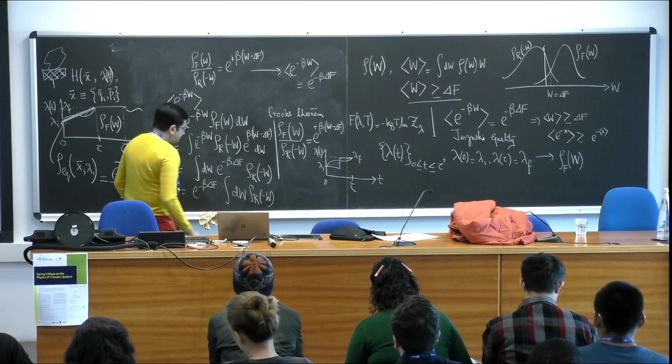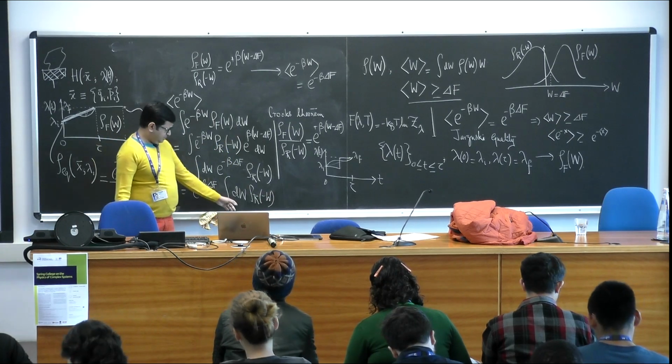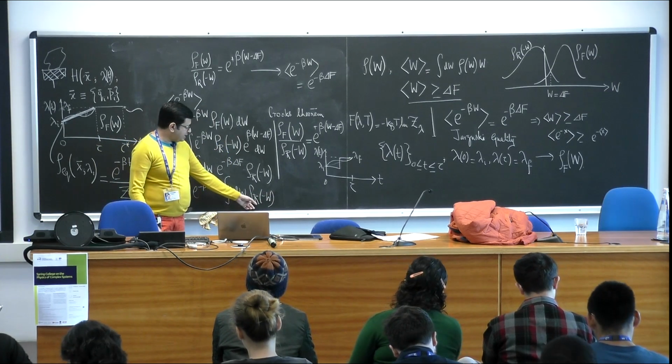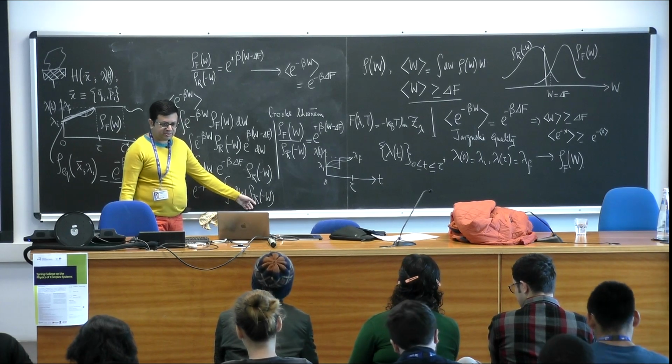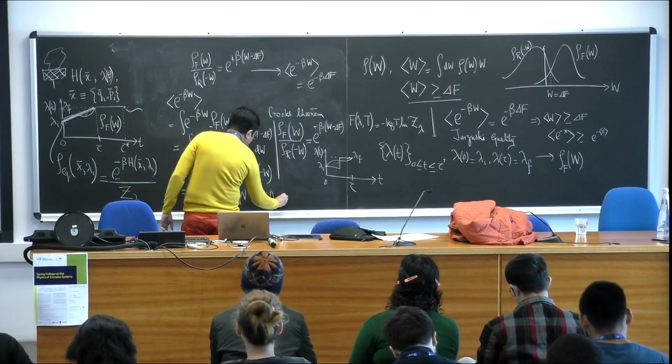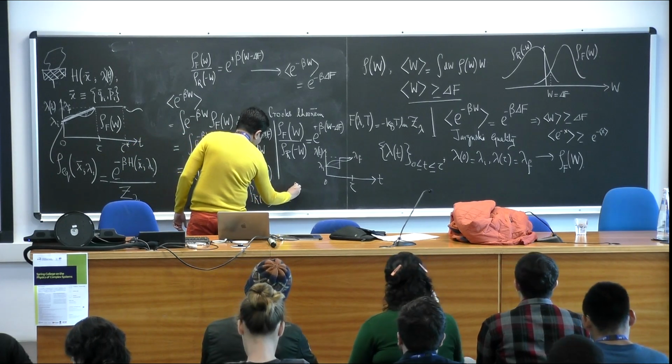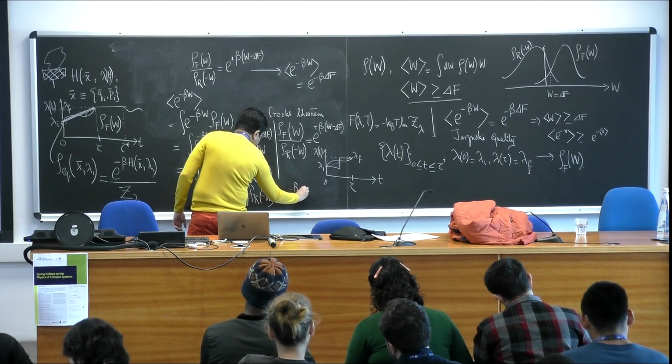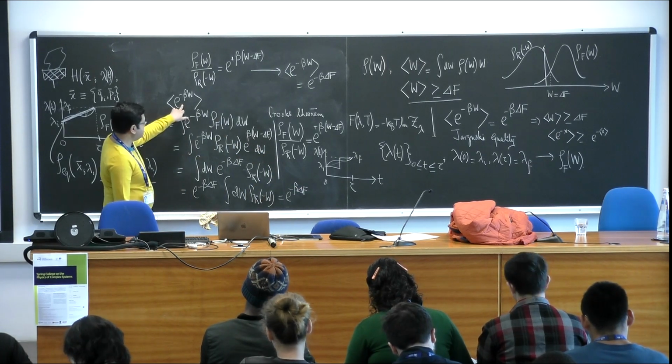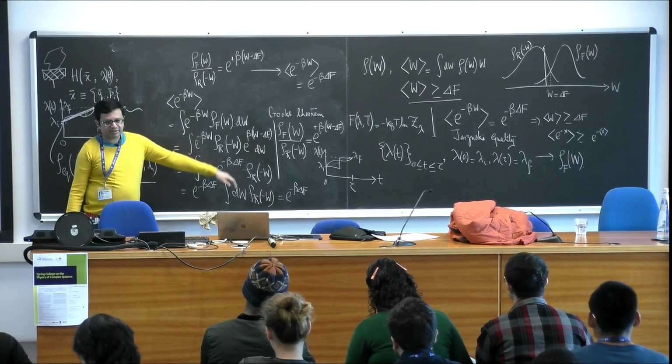But this integral is equal to 1 because this is just the normalization condition for the distribution. So therefore, I get e to the minus beta delta f. So the average of e to the power minus beta w is e to the power minus beta delta f.